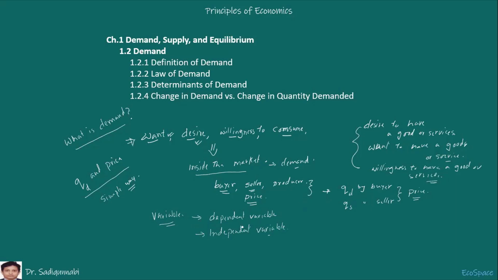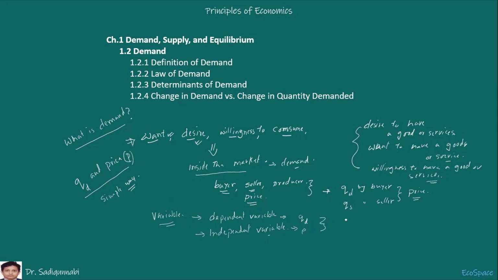So if we classify QD and P, price, into dependent variable and independent variable, then we can say that the dependent variable is QD and the independent variable is price.